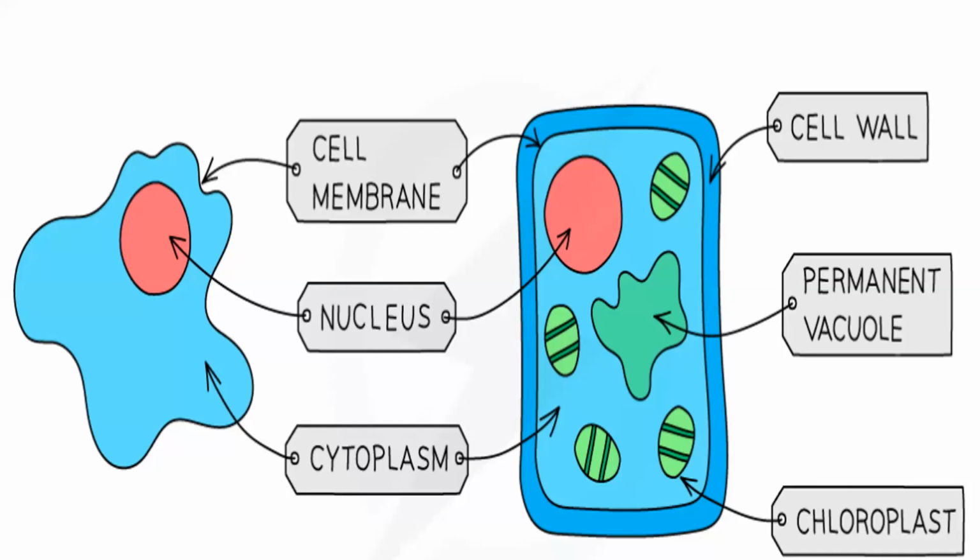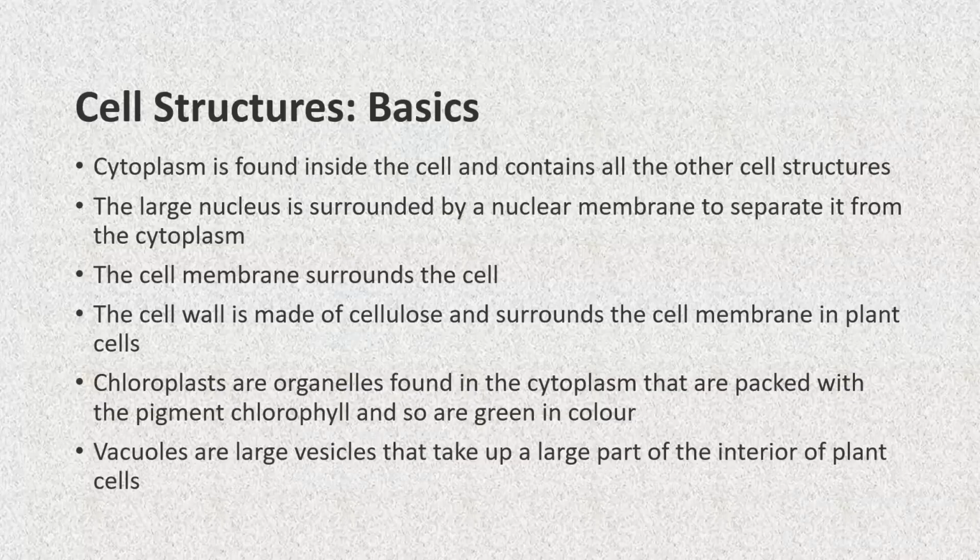In the chloroplast, and these are mainly in the leaves. The leaf or the plant is green in color so it can make its own food, unlike the animal, which doesn't have chloroplasts.